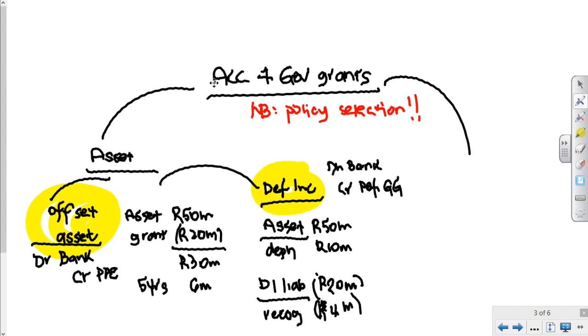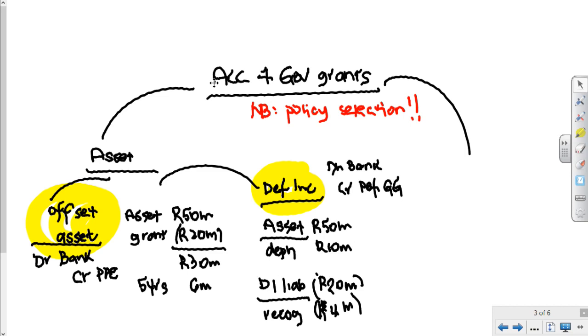So, in this case, I will have an asset of 50 million, full 50. It gets depreciated over 5 years, 10 million depreciation. But then I have a deferred government grant, a liability, which I will amortize or recognize the income over 5 years. So I will recognize 4 million a year.